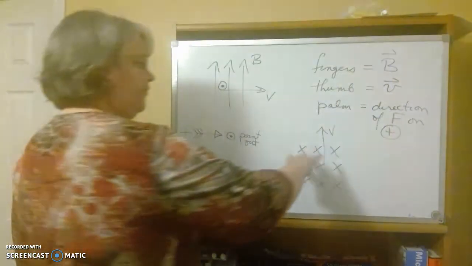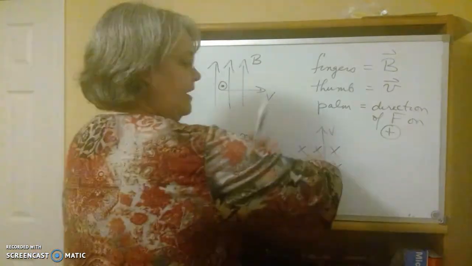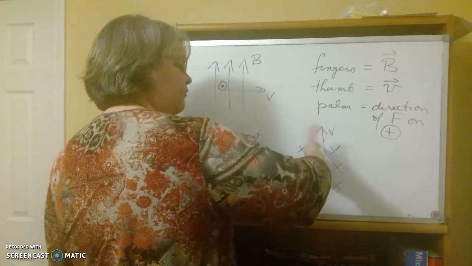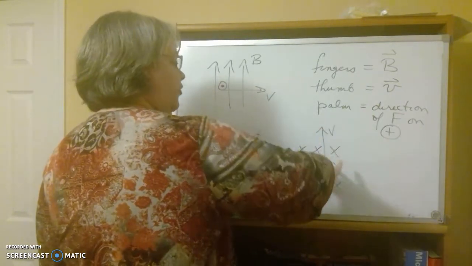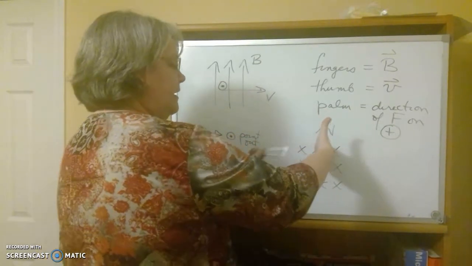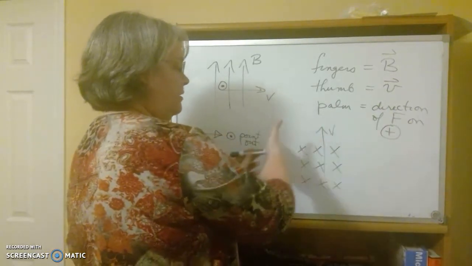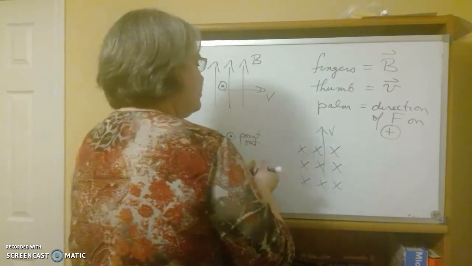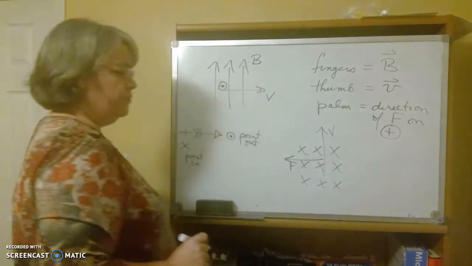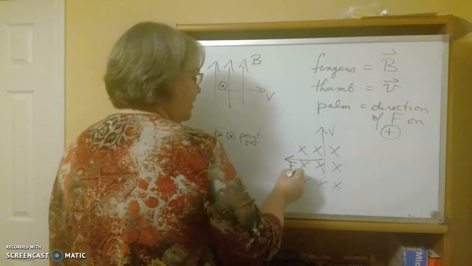Start out with your fingertips pointing into the board, right? You're looking at the back end of my elbow, right? That's the direction of my B field. I turn my hand until my thumb aligns with the velocity, and then the palm of my hand pushes in the direction of force on a positive charge. So my force on a positive charge would be that direction.